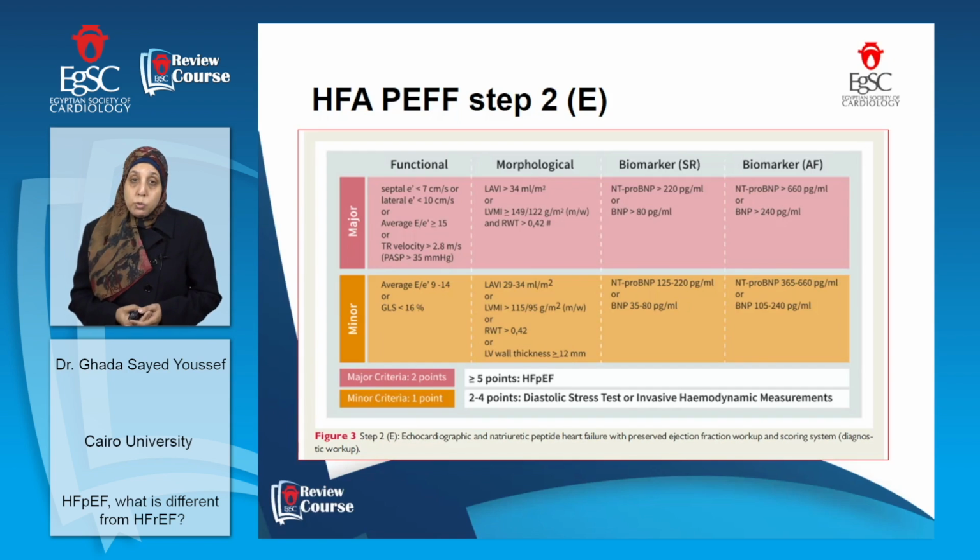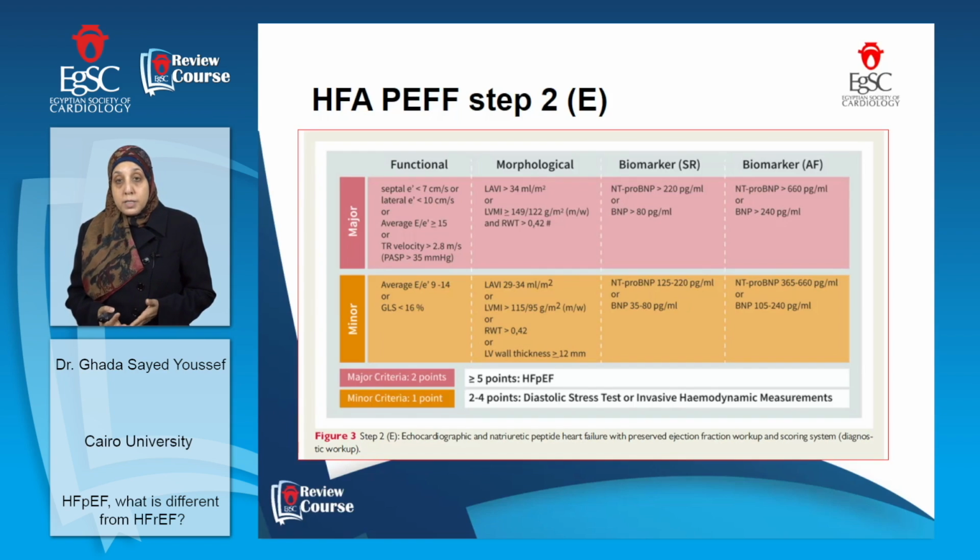These domains include functional parameters measured by tissue Doppler, like septal and lateral E primes, or average E to E prime ratios, and the tricuspid regurgitation velocity. The morphological parameters include left atrial volume index and left ventricular mass index, which is different in males and females. And the biomarkers, natriuretic peptides, are classified into biomarkers in patients with sinus rhythm and biomarkers in patients with atrial fibrillation.